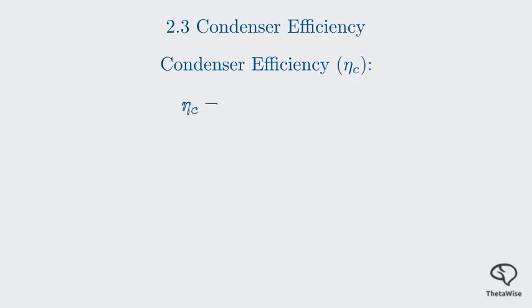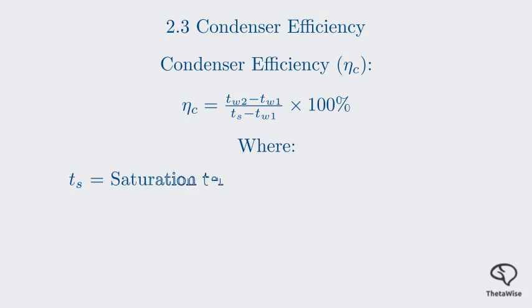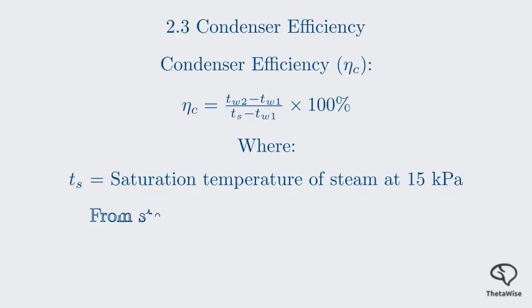2.3. Condenser efficiency. Condenser efficiency, eta_C, equals T_W2 minus T_W1 divided by T_S minus T_W1, times 100%, where T_S equals the saturation temperature of steam at 15 kPa. From steam tables, T_S at 15 kPa equals 53.97 degrees Celsius.